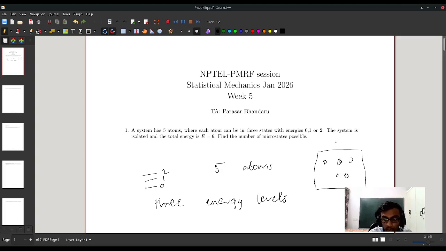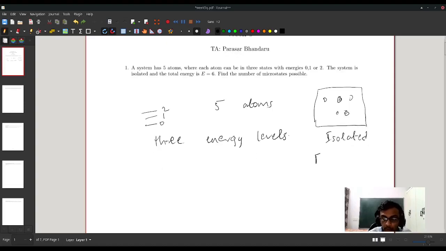So the total energy of the system is fixed, and it is given that this total energy is actually 6, in some units, the same units in which these energies are 0, 1 and 2.